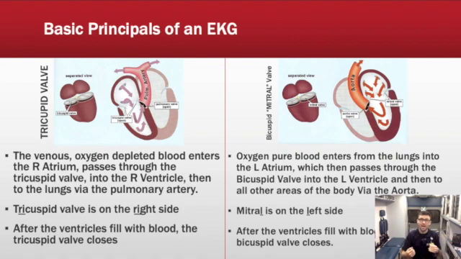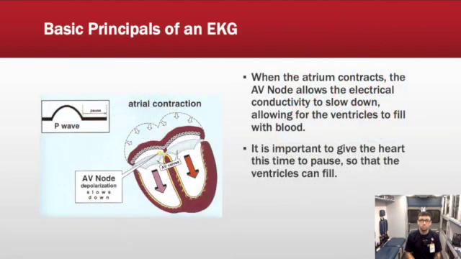It can come back to the left atria, drop down to the left ventricle through the mitral or bicuspid valve, and then be pumped out through the aorta to the rest of the body as the ventricles contract.